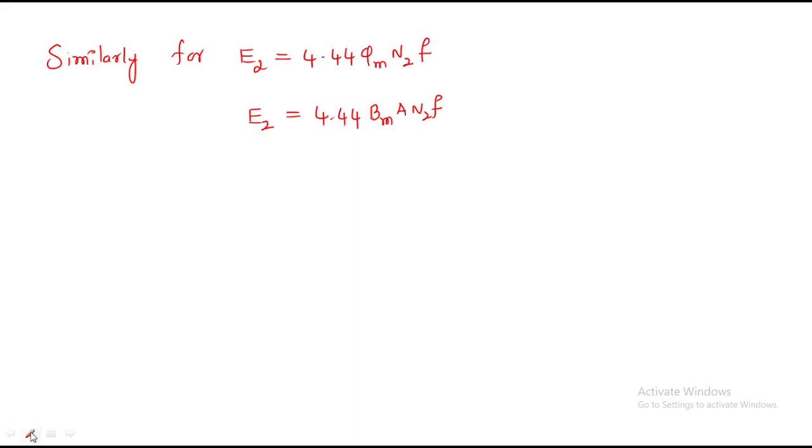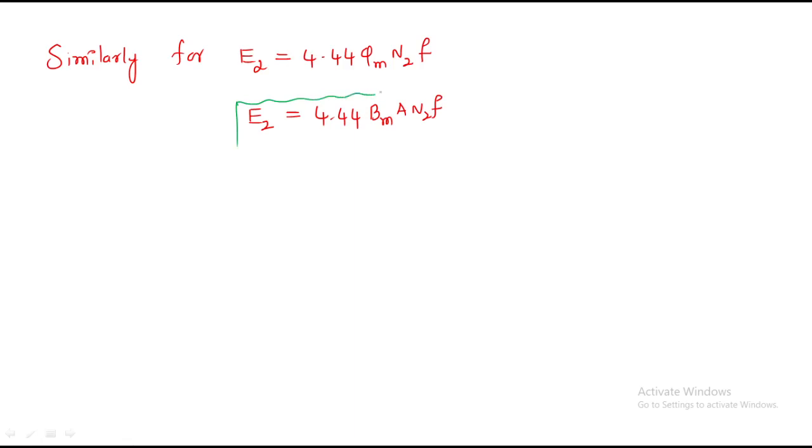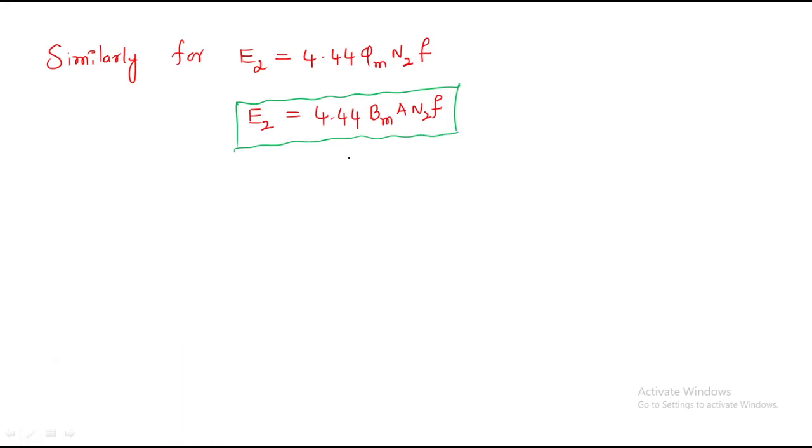If we have any doubt, the same derivation is to be followed: minus N2 dφ by dt, where φ is equal to φm sin ωt, the same derivation as E1. So we have the EMF equation.